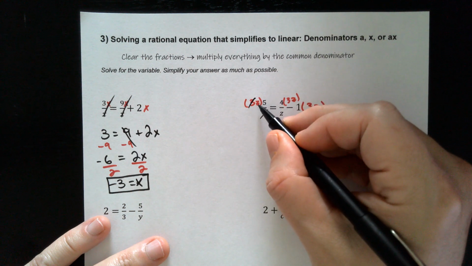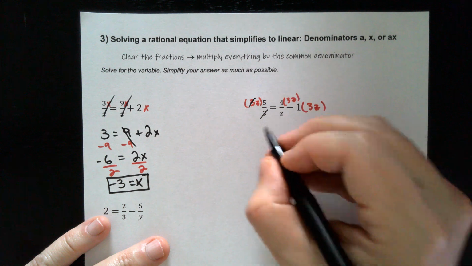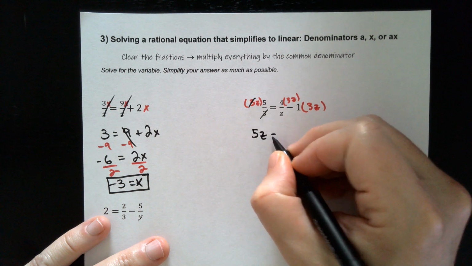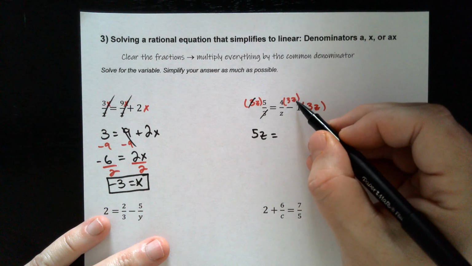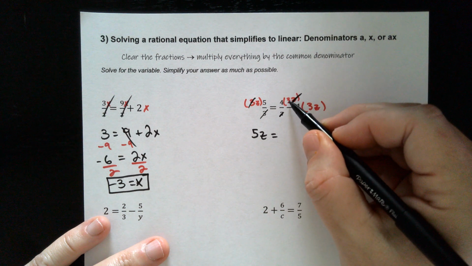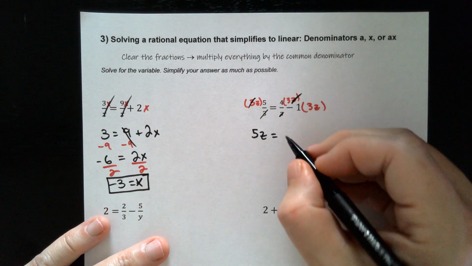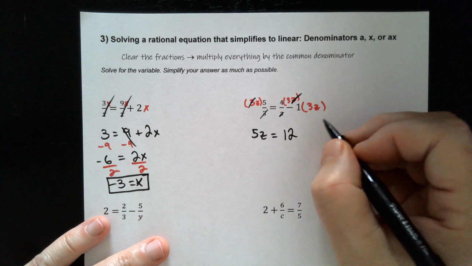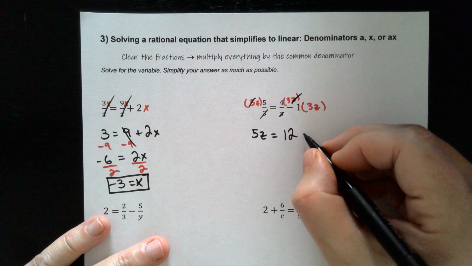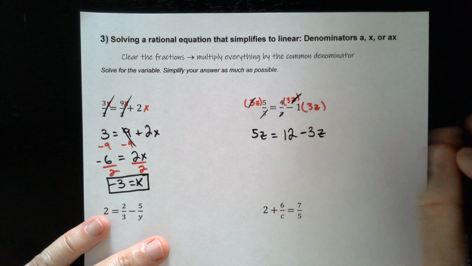Nothing happens to the z, and nothing happens to the 5. So that first one becomes z times 5, which is 5z. Equals, here, the z cancels because it's on top and bottom. But the 3, nothing happens to it. So we leave the 3 and the 4. That's 3 times 4, which is 12. Okay, and then on this last one, negative 1 times 3z, nothing cancels, so you just get negative 3z.